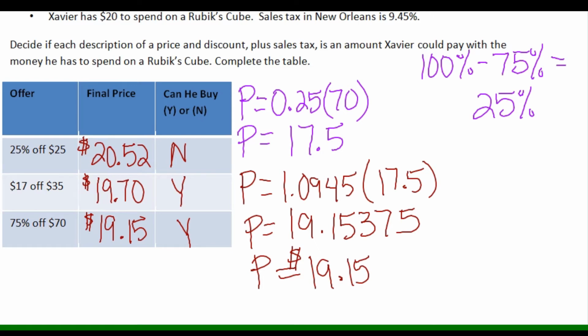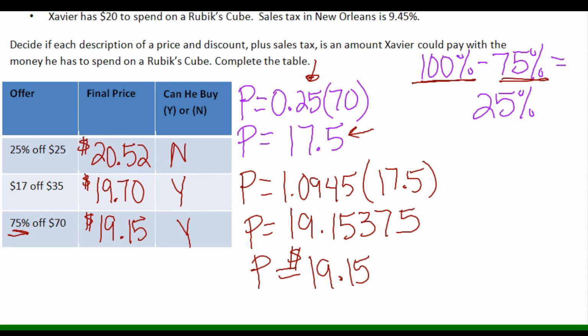Now I used 25% as the percentage because we know we had 100% minus 75%, because here it says 75% off. So once I multiply 25% as a decimal times 70, I get 17 and a half, and that becomes the price of the Rubik's Cube after the discount.